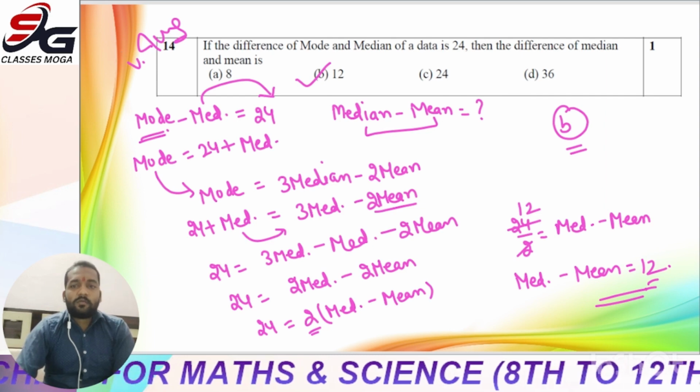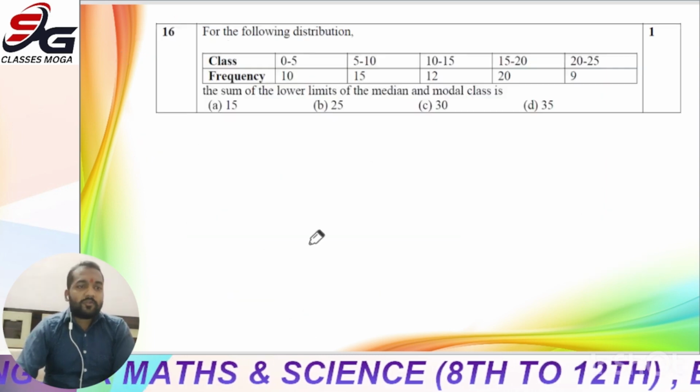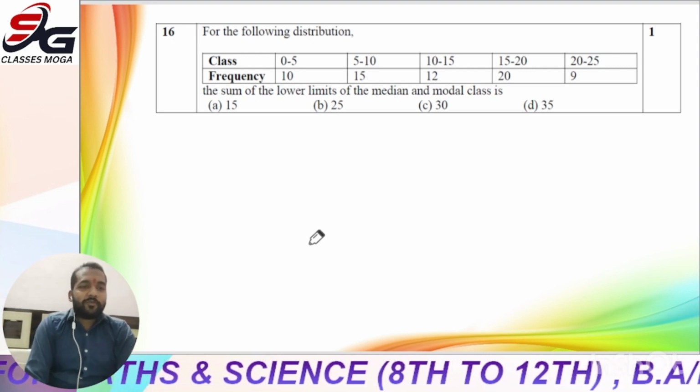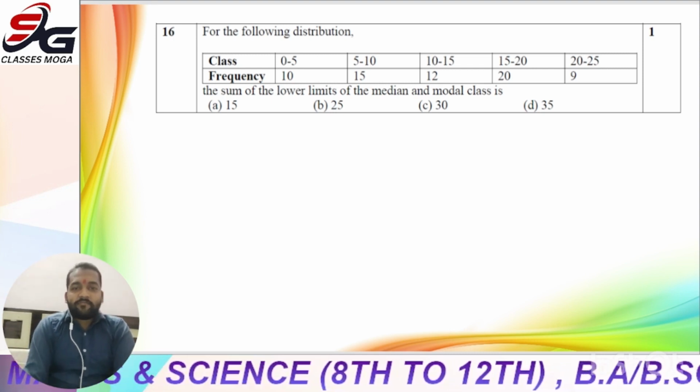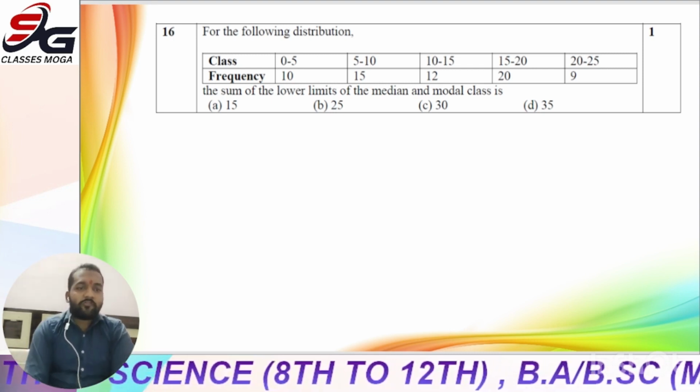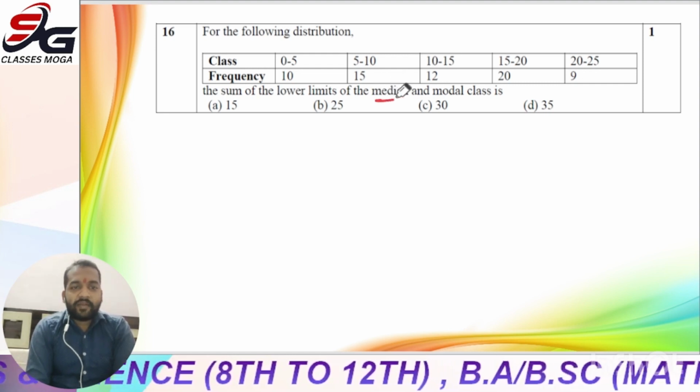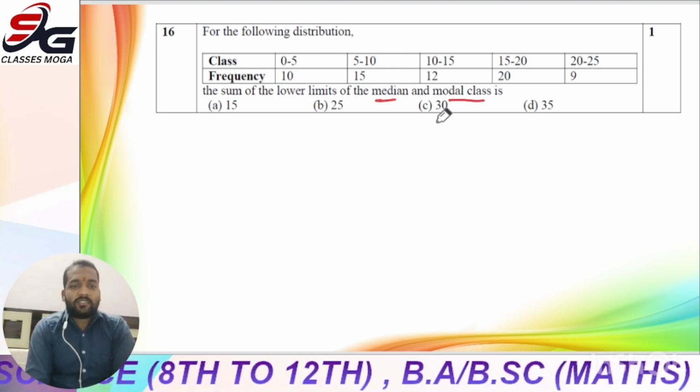Now next question. For the following distribution, class and frequency are given to you. The sum of lower limits of median and modal classes.